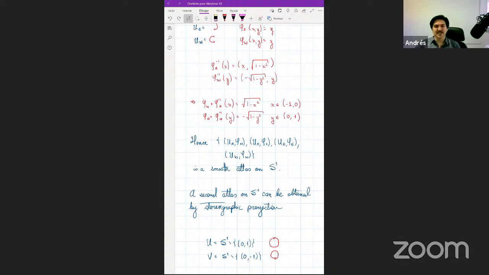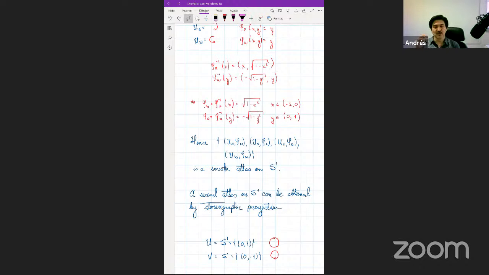So the other one is something that you know very well, stereographic projection, right? So basically you remove one point and you have a homeomorphism to the real line. We will see that this will be an atlas with only 2 shards.